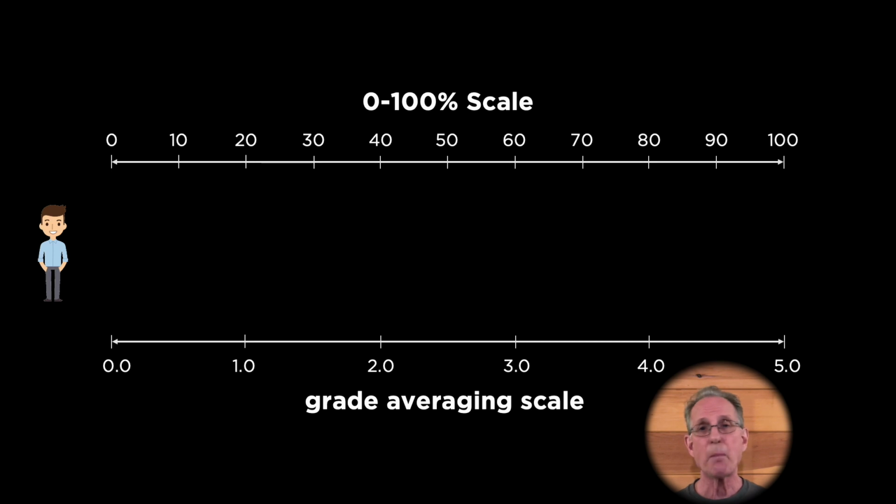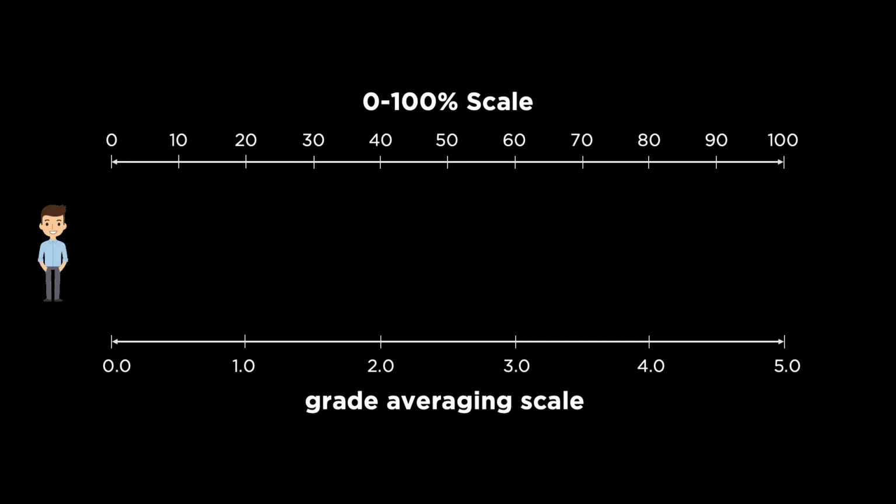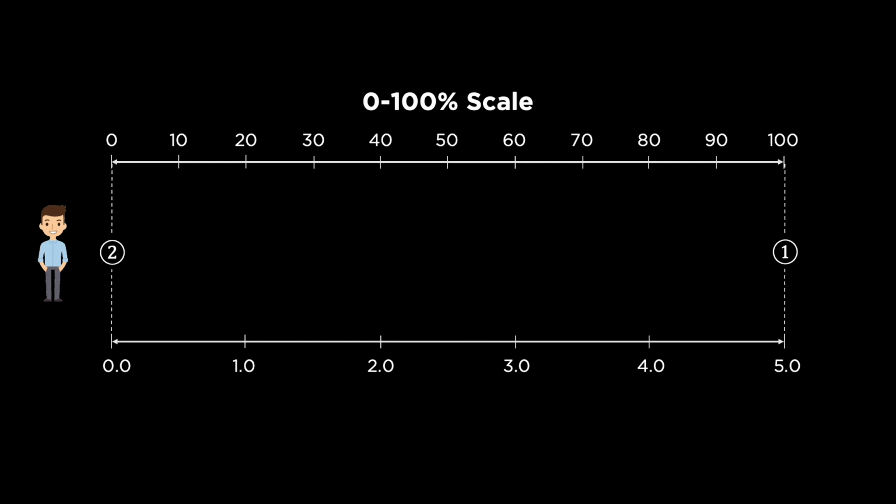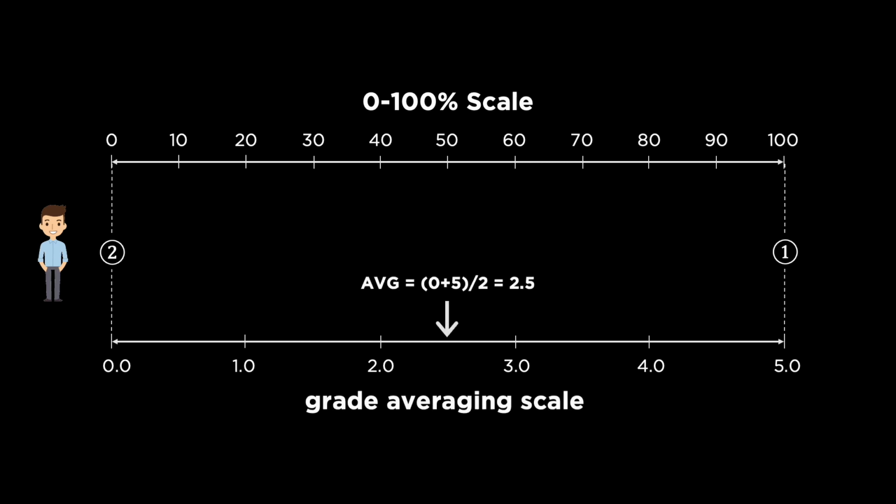So now let's go back to Percy's grades and do the averaging properly. His 100 converts to a 5.0, and his 0 converts to a 0.0. So the average would be 0 plus 5 divided by 2, which equals 2.5, and is right in the middle of the grade averaging scale, as it should be.